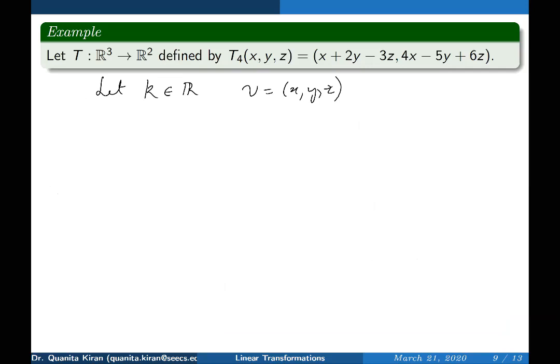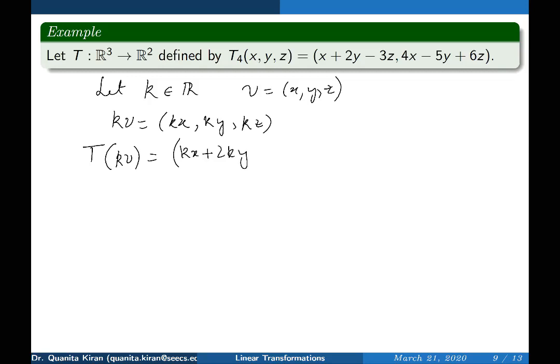Then we show that k times v is equal to (kx, ky, kz), and T of kv is equal to (kx + 2ky - 3kz, 4kx - 5ky + 6kz).